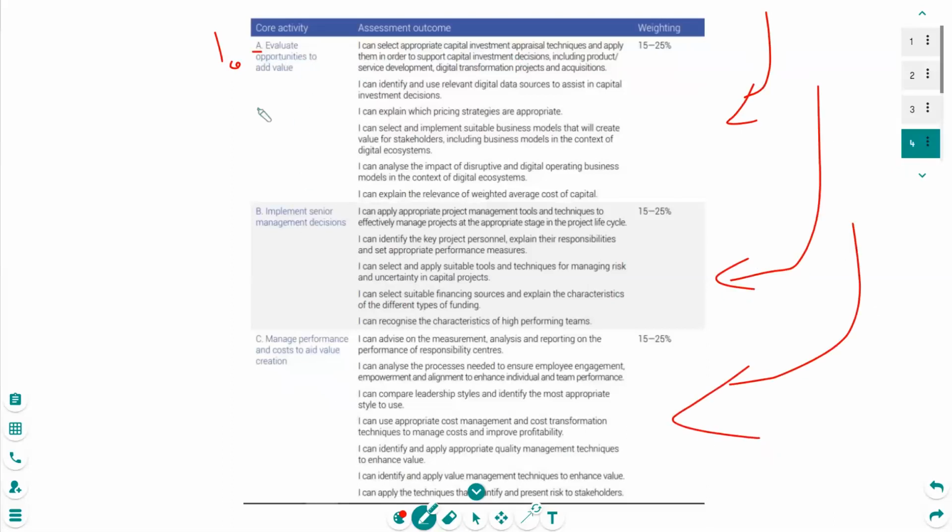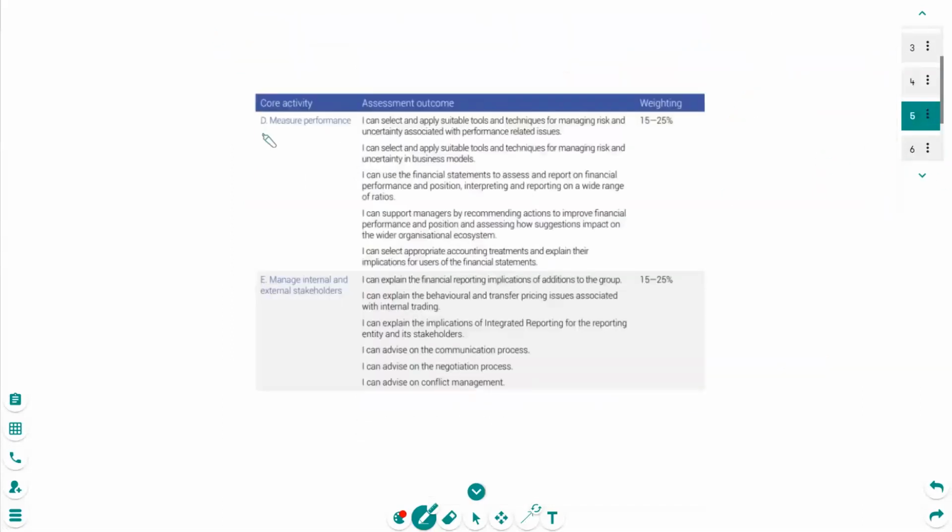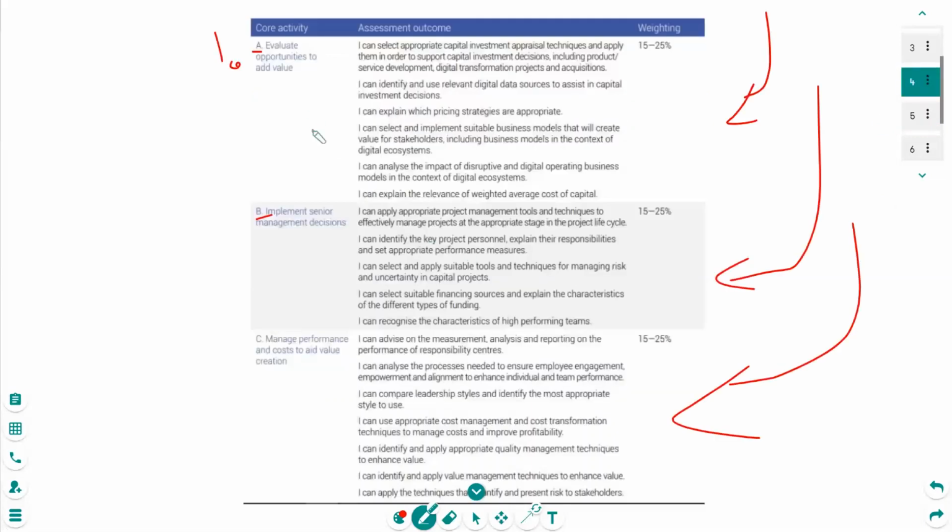It has A, B, C, D, and E, 5 key areas. And each area has multiple I-CAN statements that you can use as a checklist to mark topics out of the textbook.